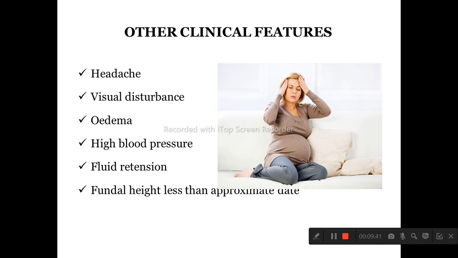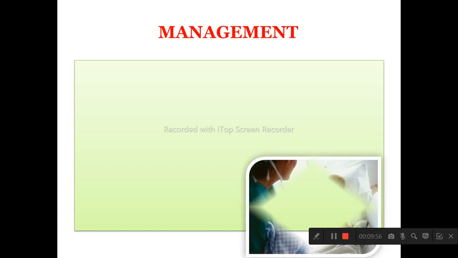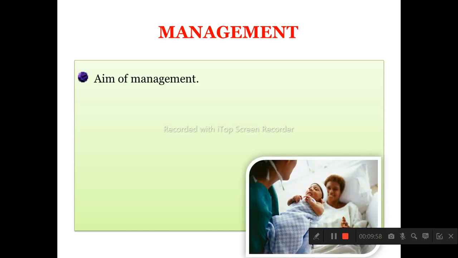As we have already seen in how to measure the fundal height in the antenatal mother, it is not appropriate to the gestational age of the baby. The next is what management we can do for eclampsia. The aim of management, first one, is prediction and prevention.